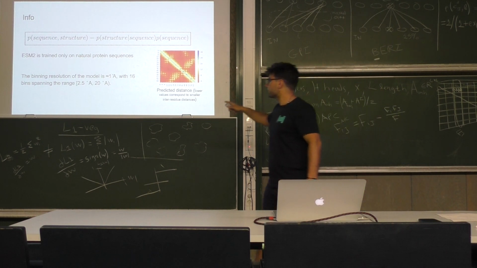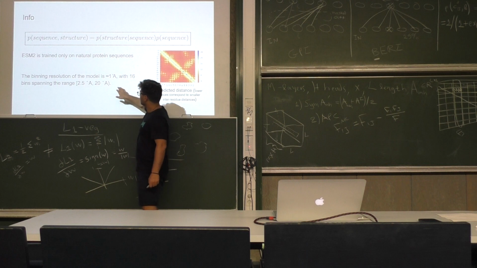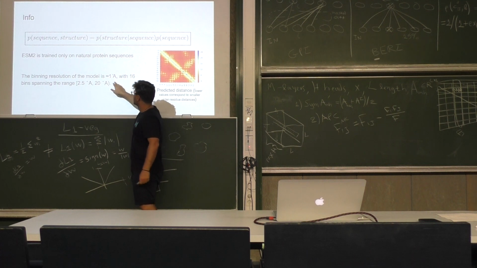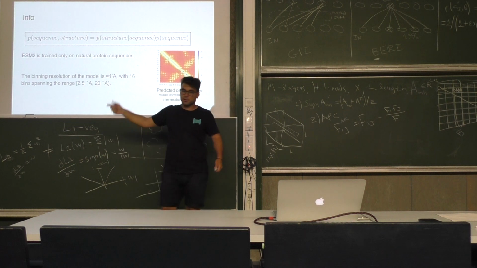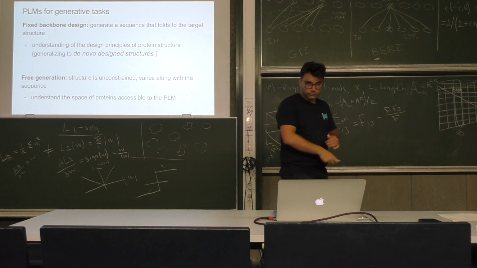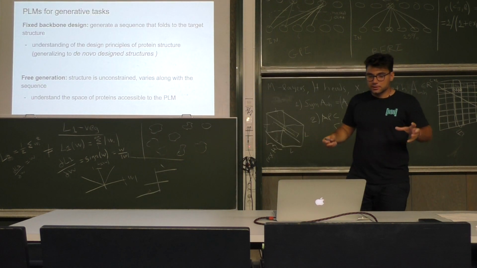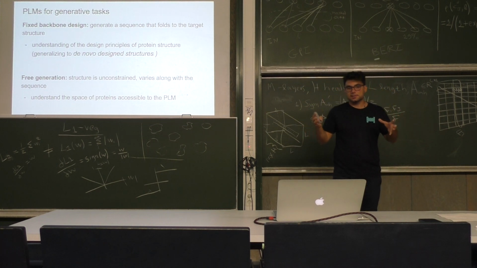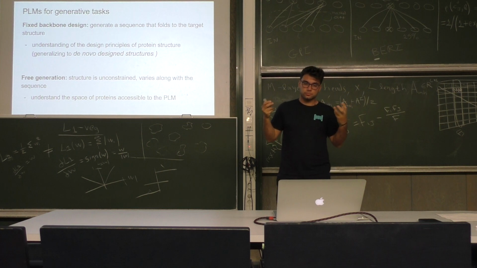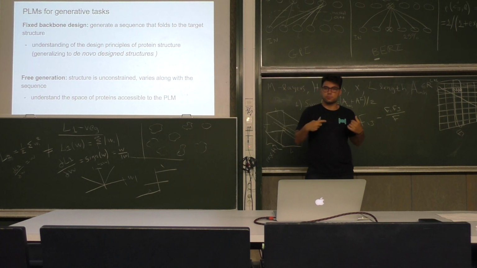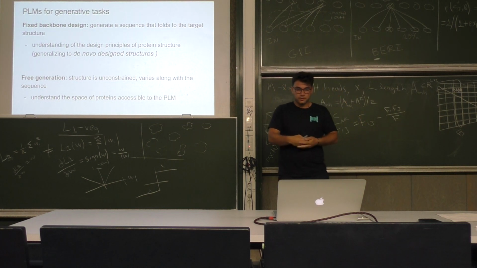Yeah, this is the information about the binning. So they have these 16 bins, and these are the ranges from 2.5 to 20 angstroms with 1 angstrom difference. And then they use it for different generative tasks, where it was unclear how generative a protein language model can be.